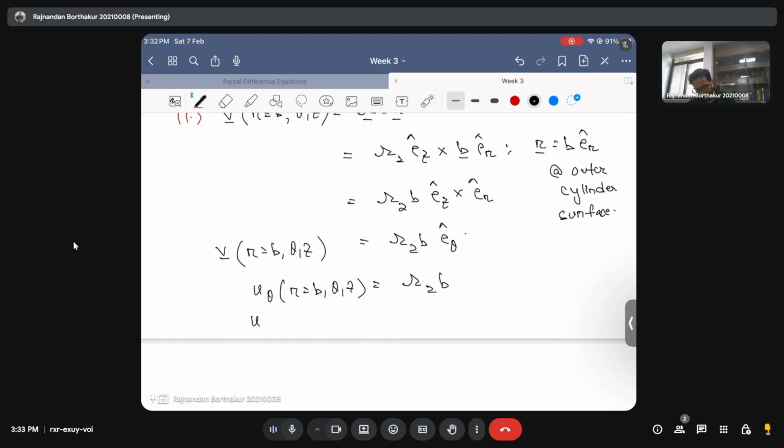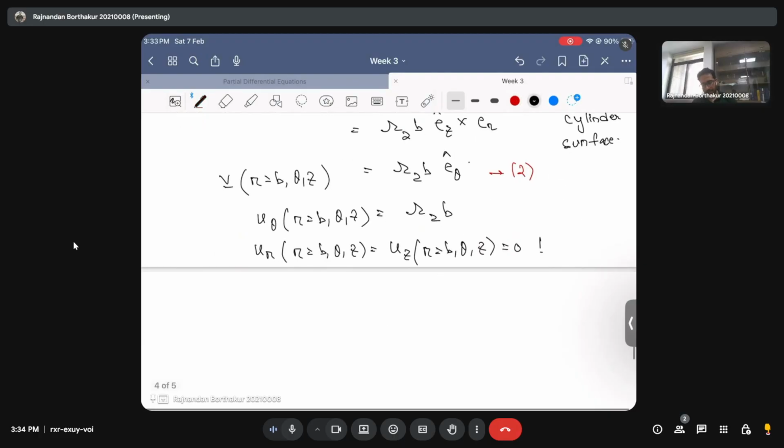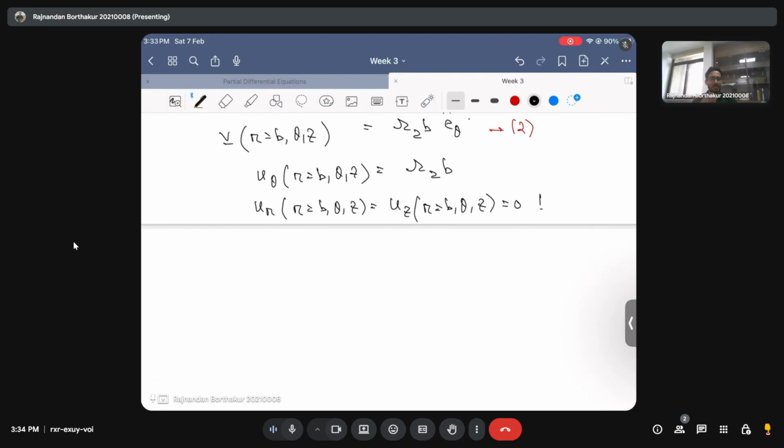And I know that ur at r equal to b for all theta and z, and uz at r equal to b for all theta and z, are just going to be equal to 0. That simply comes from the fact that your velocity field has just one component when you approach the surface of the cylinders. Maybe I'll call this the second boundary condition. Similarly, if you apply the same logic for the inner cylinder, everything else will be the same, so you can just infer that.